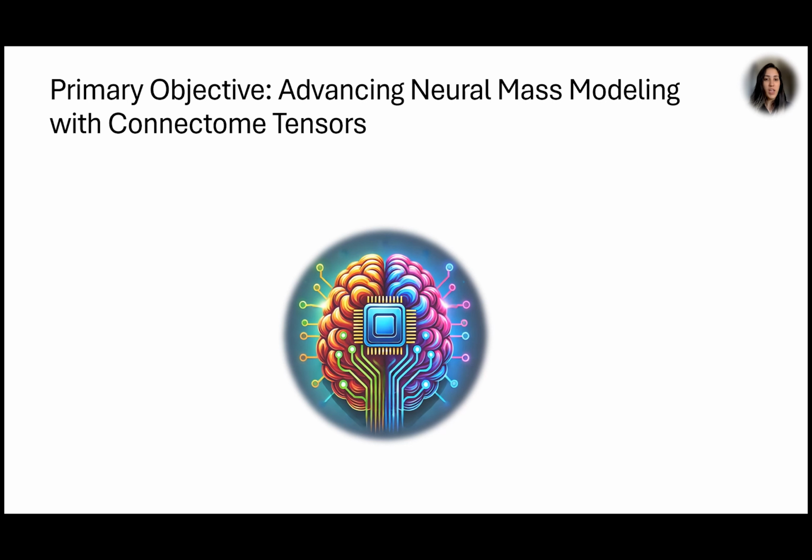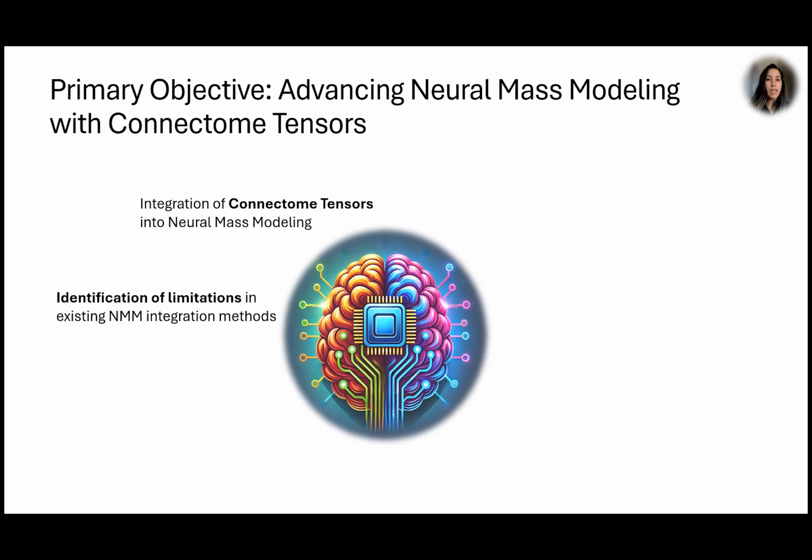The overarching aims of these projects are to seamlessly incorporate connectome tensors into neural mass modeling, with a particular focus on addressing challenges associated with distributed delays to enhance precision; and to critically examine current integration methods in neural mass models, identifying and illustrating limitations and challenges, paving the way for informed improvement.